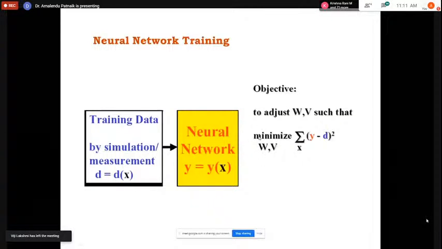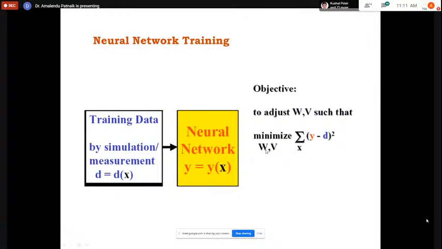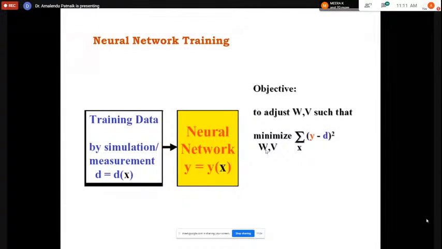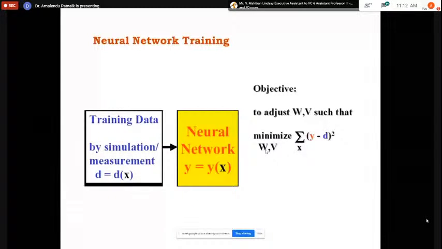You store these weight values of your network, so that whenever you are using that network, you use that set of weights for finding the output of that network.